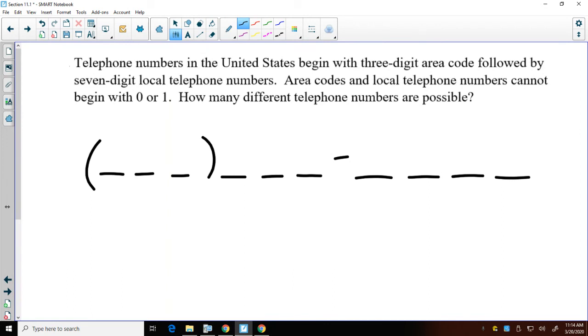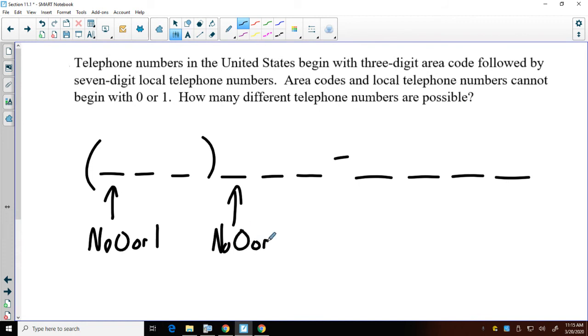Okay? Notice there are the different groups that you have. Now, here's one thing you have to be careful of. It said area codes and the local telephone numbers cannot begin with a 0 or a 1.